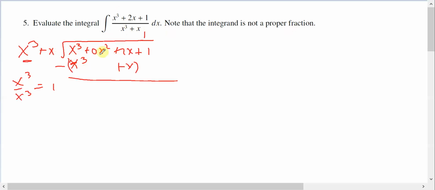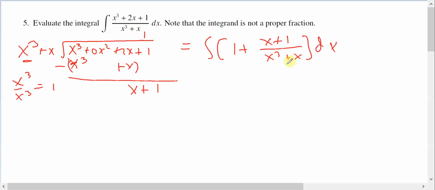Get 0x cubed, 0x squared, 2x minus x will bring down an x, and bring down a plus 1. But you're done because you're already in the constant column, so any other division you try to do here, you'll have an x in the denominator still. So this integral can be written as the integral of 1 plus x plus 1 over x cubed plus x.